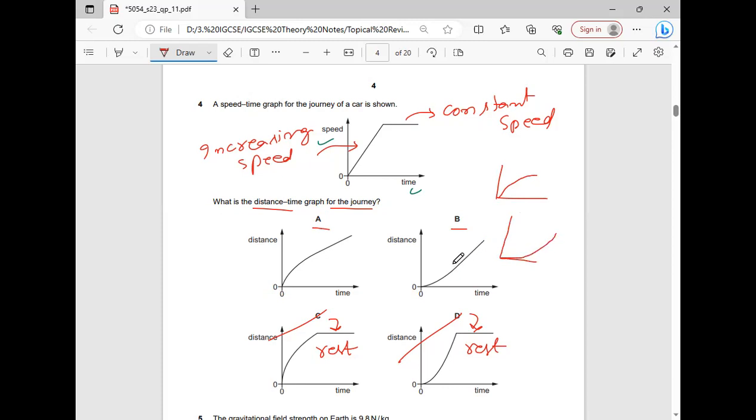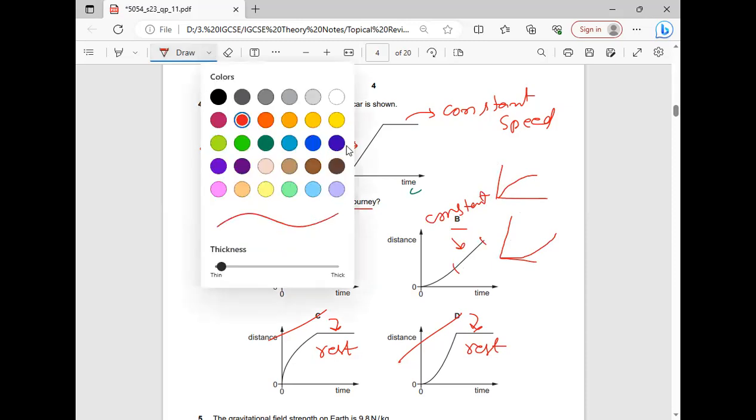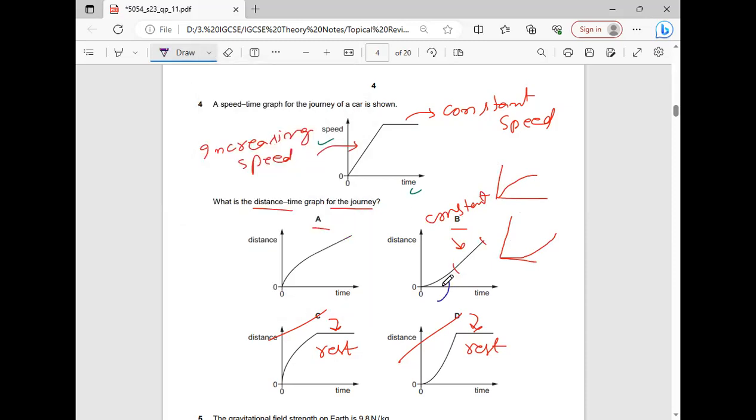In this graph, the straight part shows that speed is constant, while the curved part shows that speed is increasing.